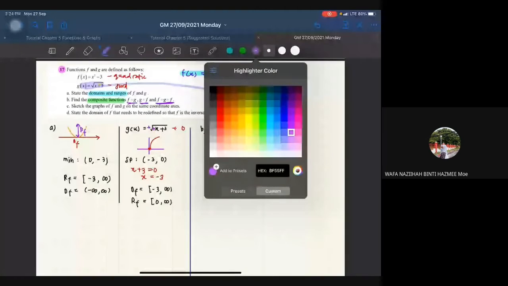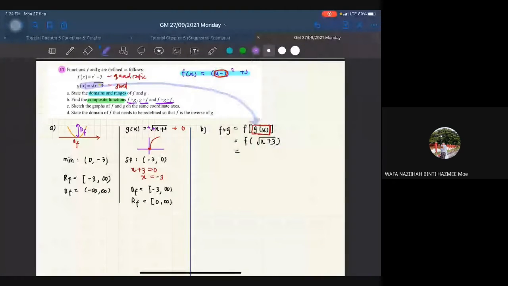So, let's use another color. Okay, so we will substitute this one, we put it into this one. This one. Okay, so we will get surd of x plus 3, and then it has a square outside, and then you have minus 3 over there.